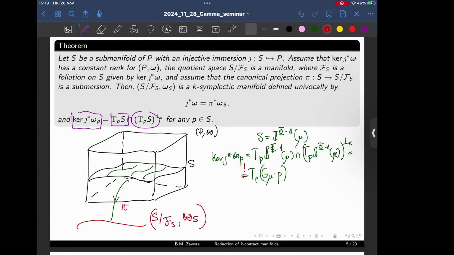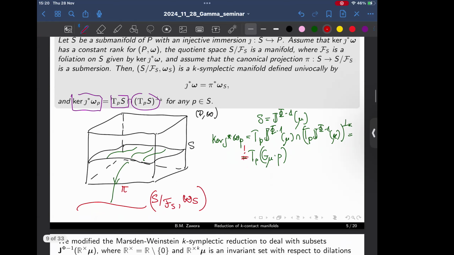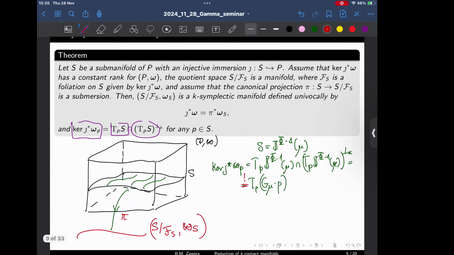Actually, this was done by Silvia Vilariño, Juan Carlos Marrero and others in the paper on reduction of k-symplectic manifolds, I believe. They give conditions to ensure that this equality holds. But in our case, it's not sufficient when we want to perform the k-contact reduction, which means that we will deal with homogeneous k-symplectic manifolds.